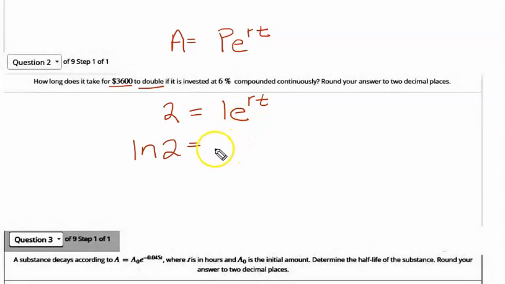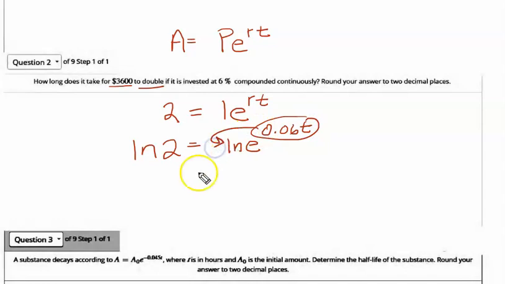The e is natural log of e. Let's just do it here. So natural log of e. Now our rate is 6%, and we have the amount of time needed for this to double. Well, we're going to take this, put it in front of the natural log, which in this configuration is 1.